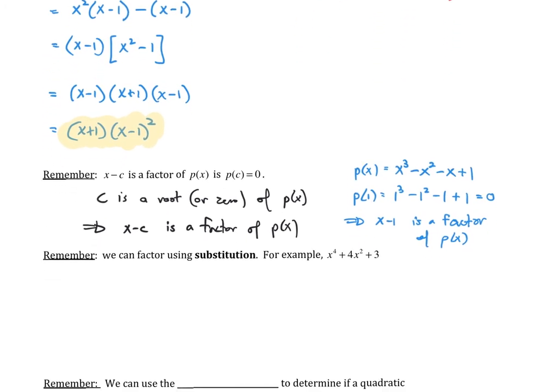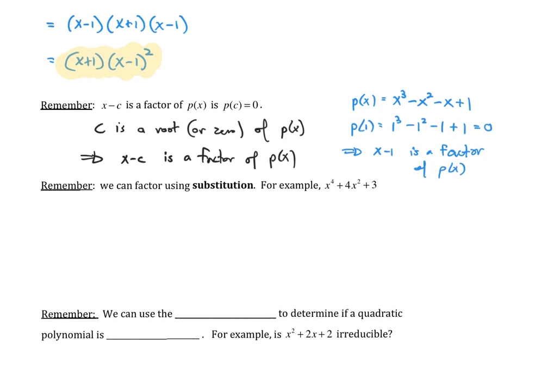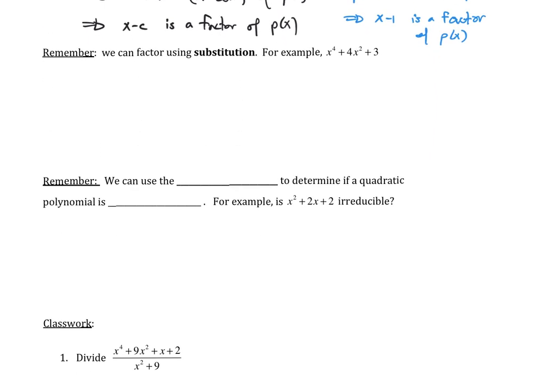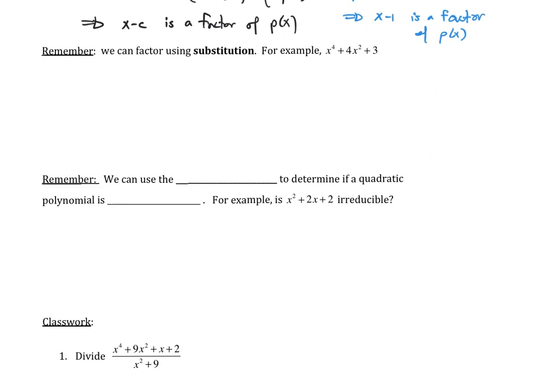Okay. Another factoring trick I want to remind you of is that we can use substitution to help us factor. So let's say we look at this polynomial, x to the 4th plus 4x squared plus 3. I can use a substitution to help me.